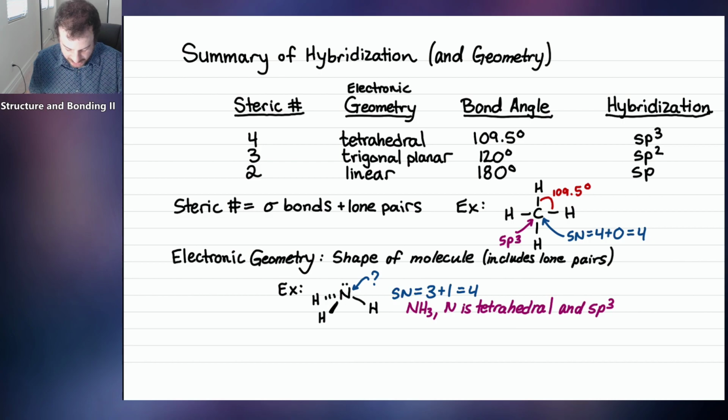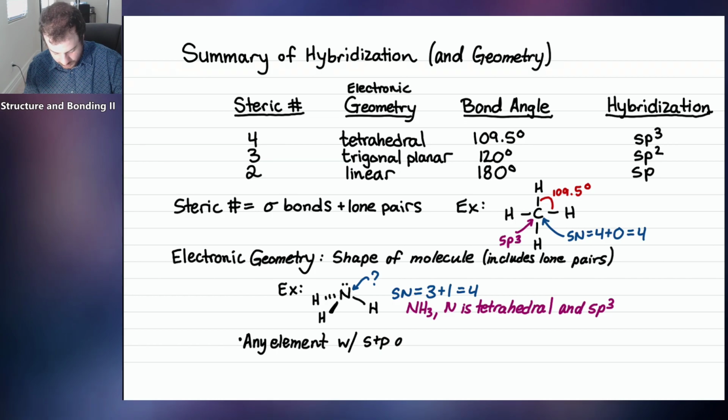And so that's actually an important note: other atoms besides carbon can be hybridized. In fact, any atom with s and p orbitals is going to be hybridized in organic chemistry. So we can just mention that here. Any element with s and p orbitals can hybridize, will hybridize.